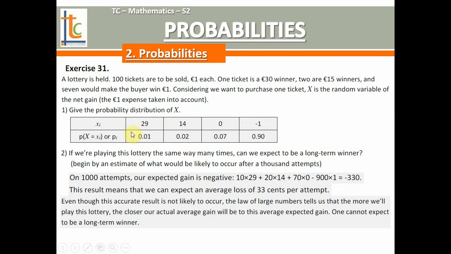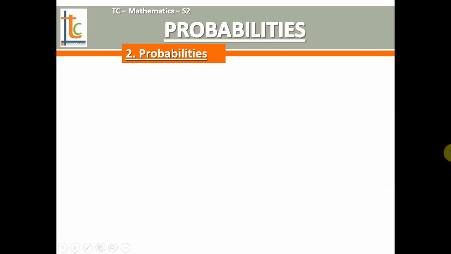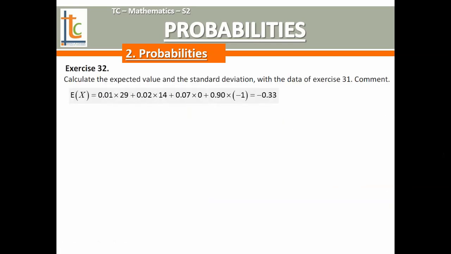Okay, the variable being in the first list and the frequencies in the second one. Your calculator will give you results directly. The expectation that is noted x bar on the calculator is negative 0.33. And the standard deviation is 3.622 approximately.